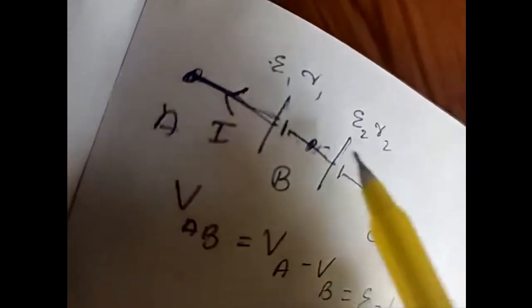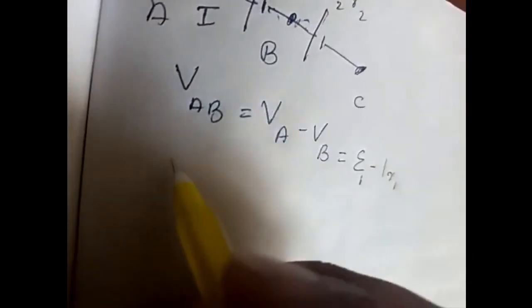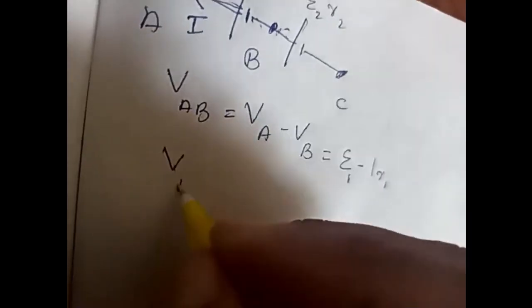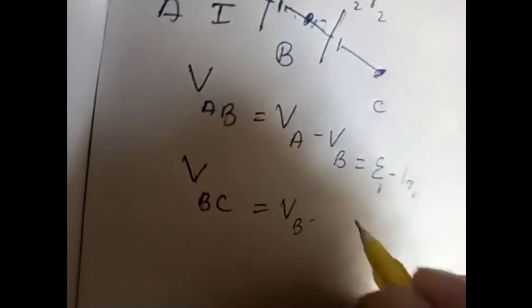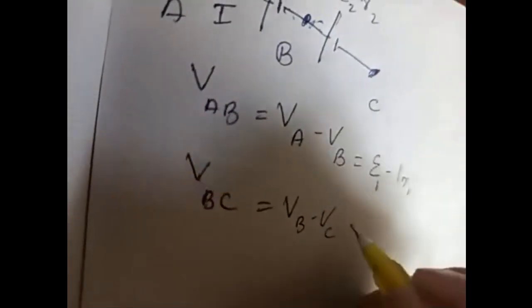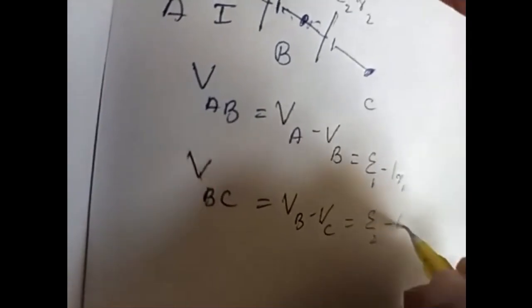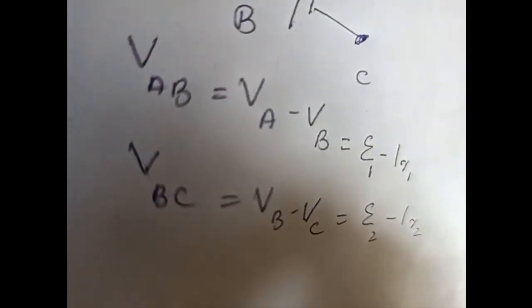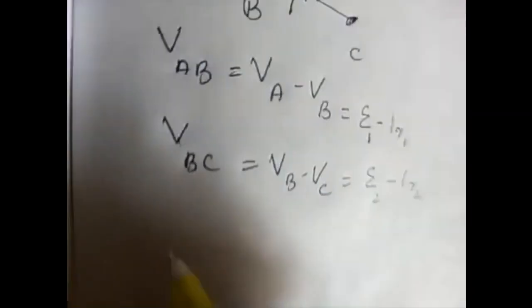So that will be the potential difference between A and B. Similarly, between B and C, V_BC will be equal to V_B minus V_C, that is equal to E2 minus IR2.